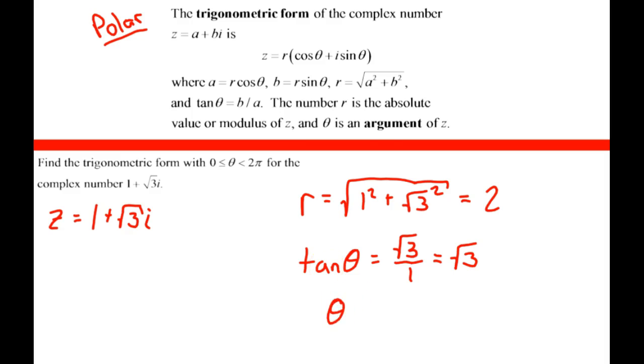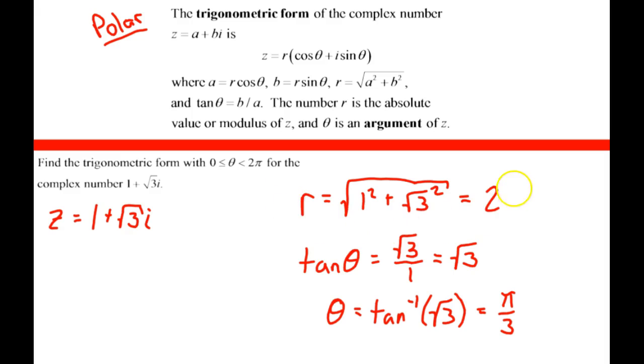So theta is equal to the inverse tangent of radical 3. And you should use your unit circle to find this value. Tangent is equal to sine over cosine. So you're looking for the ordered pair where the sine value divided by the cosine value would simplify down to radical 3. And that occurs at pi over 3.